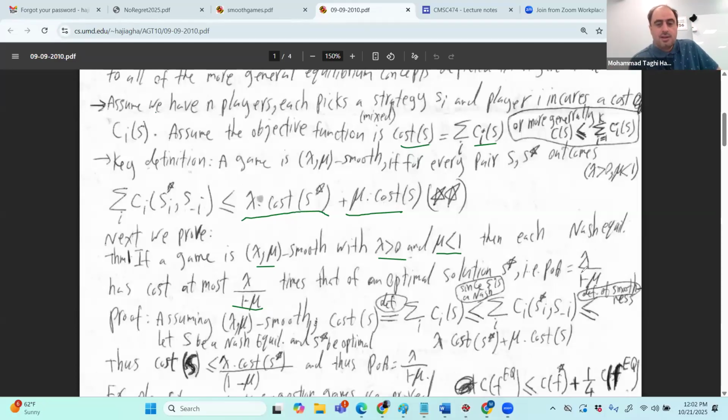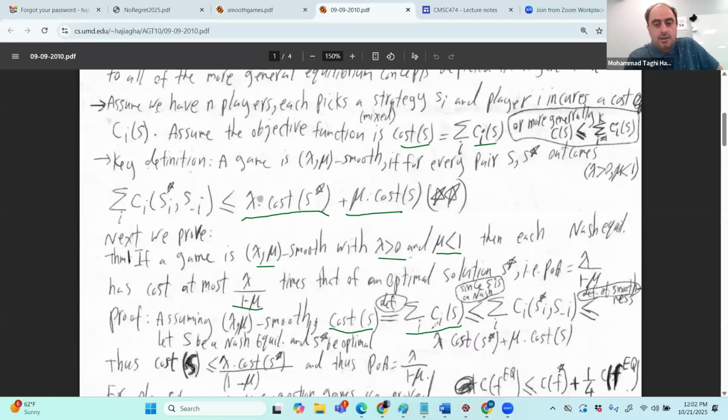Good. So let's see the proof, essentially. Assuming (lambda, mu)-smoothness, the cost of S, the total traffic time, is equal to the sum of individual traffic times, correct? This is by definition.